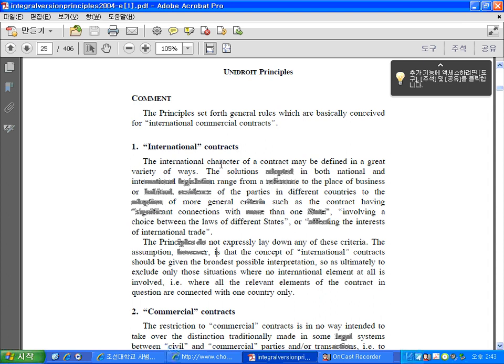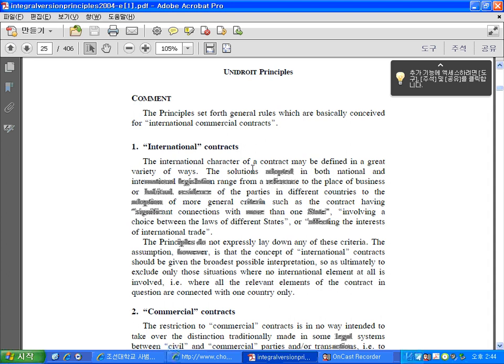And the Unidroit principles, as you may see in the twin context, the European contract law, include the basic principles about contract law.